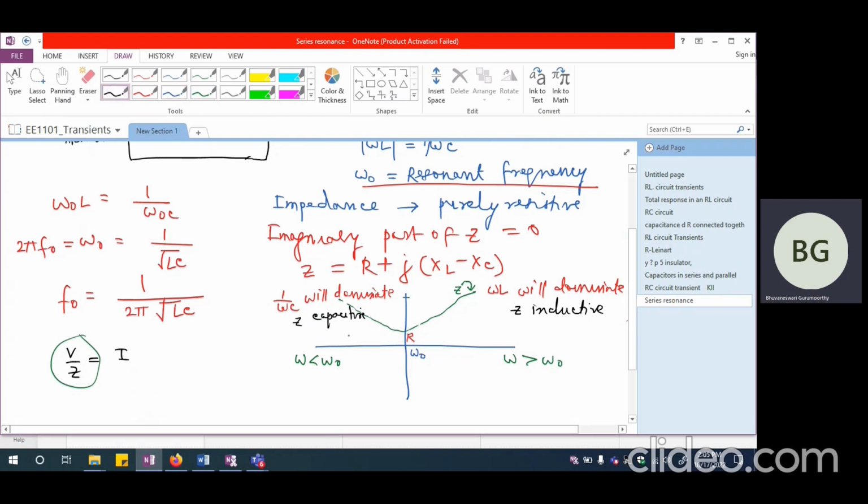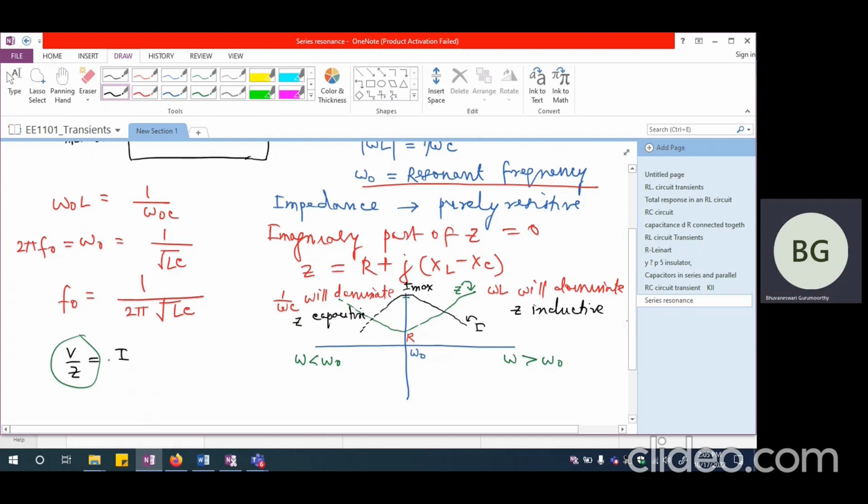So the current is going to be somewhat like this. This is I max. The current will increase to a maximum at resonant frequency, it reaches I max at resonant frequency, and it is going to decrease from I max in either direction.